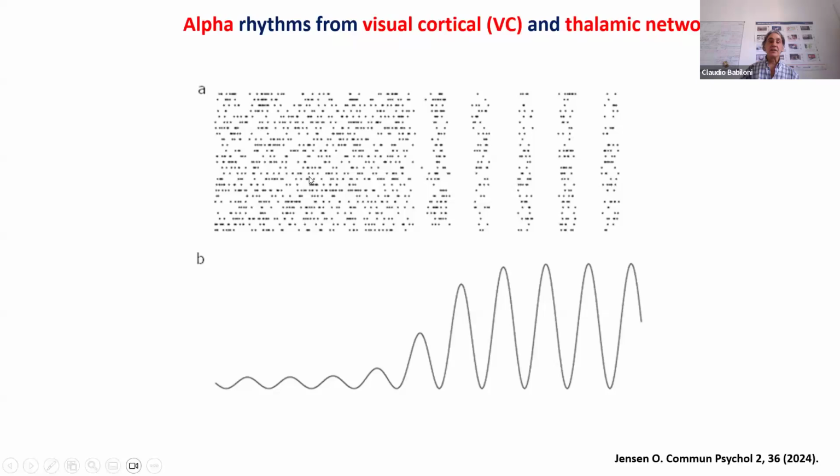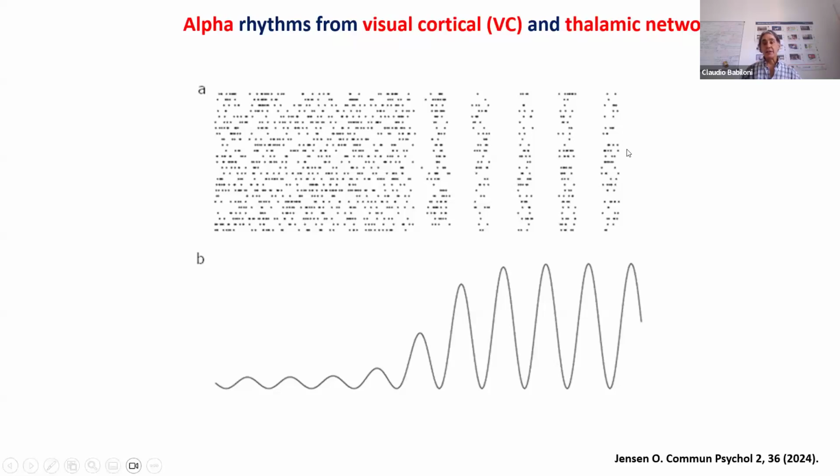And due to this asynchronization of neuronal activity and the different timing of action potentials across neurons, due to this fact, you see a flat EEG activity with a small voltage.